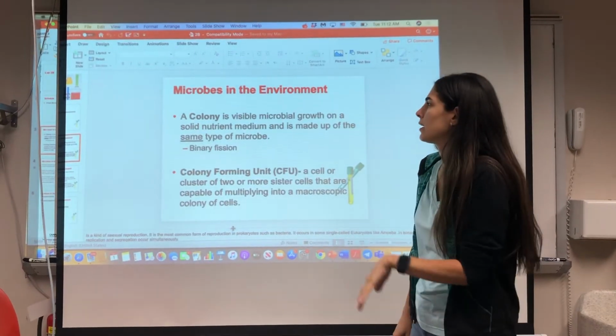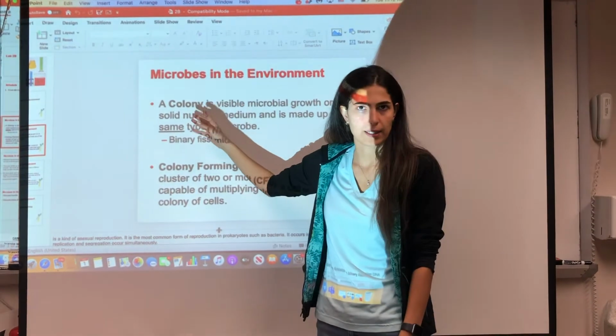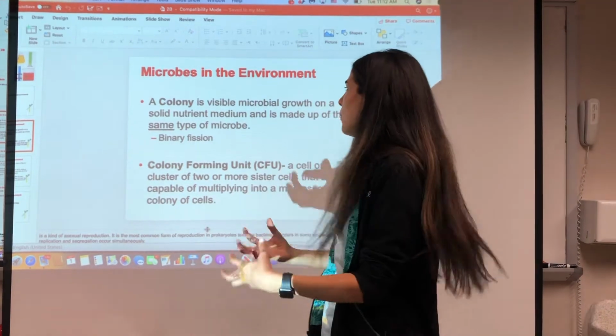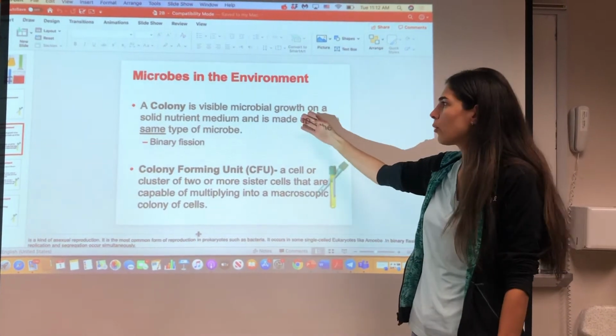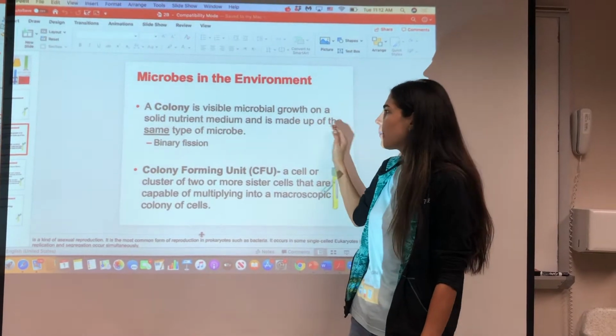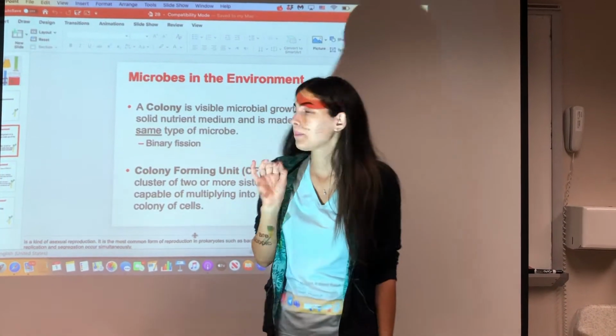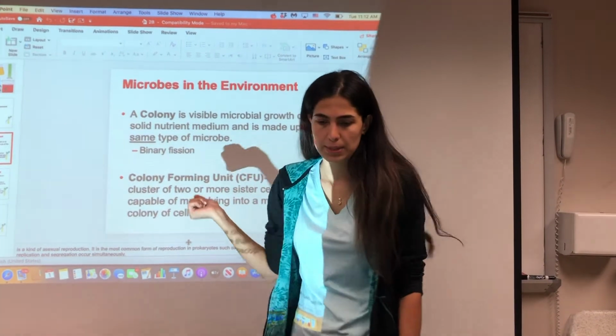Before moving to the microbes in the environment result, you should know what a colony is. The colony is the visible microbial growth on a solid nutrient medium, and it's made up of the same type of microbes. So the colony means the same type of microbes.